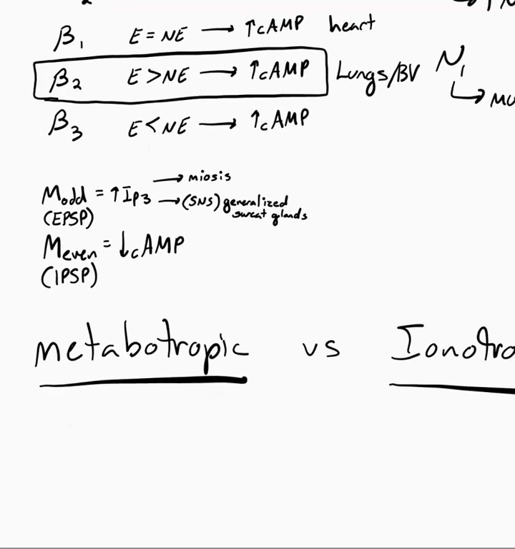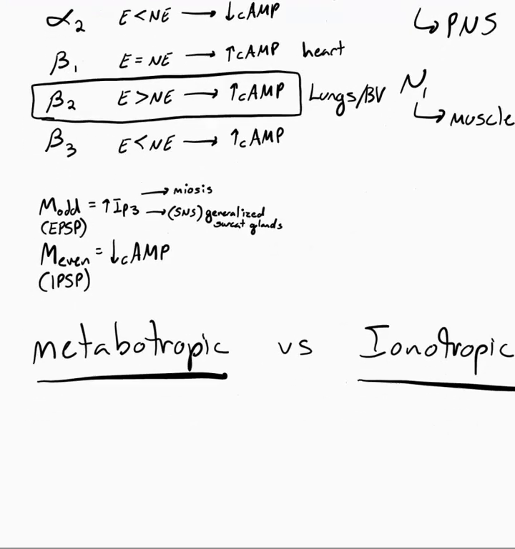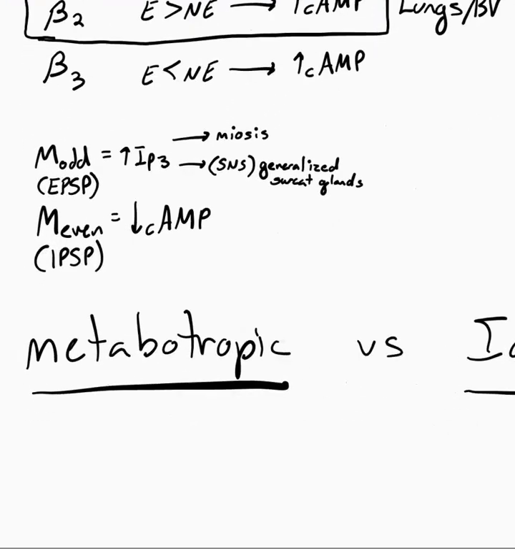And so when it comes to the M or muscarinic receptors, following the rule, the odds are excitatory and the evens are inhibitory. The odds promote IP3, which causes an increase in calcium. And there is that one exception of muscarinic receptors on the sympathetic nervous system, which cause an increase in release of sweat through generalized sweat glands. And then for even muscarinic, you have a decrease in cyclic AMP, causing a decrease in whatever symptoms you are affecting.